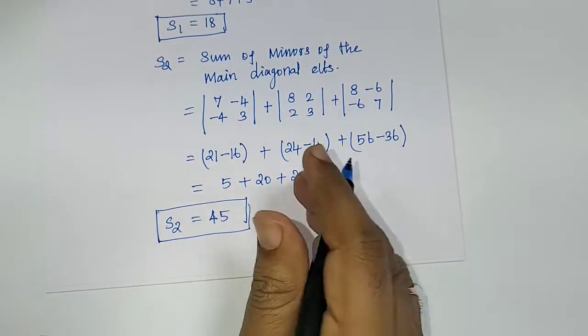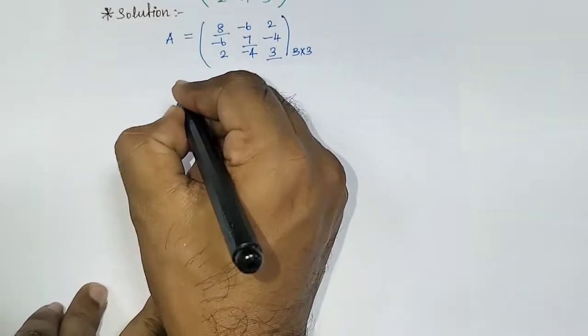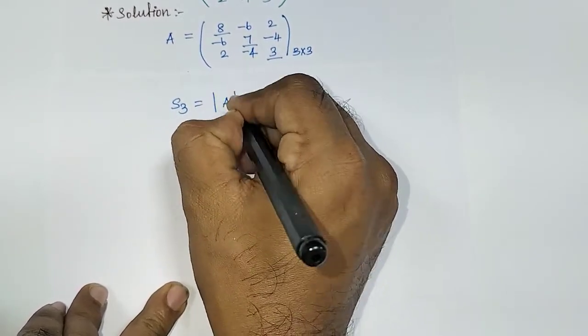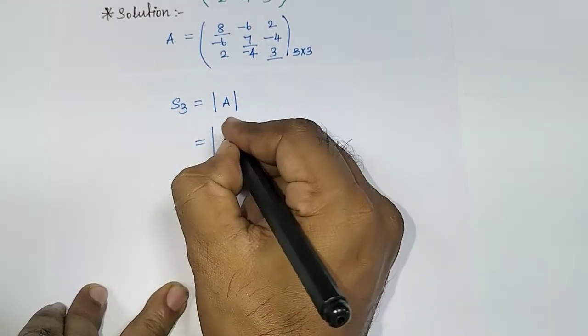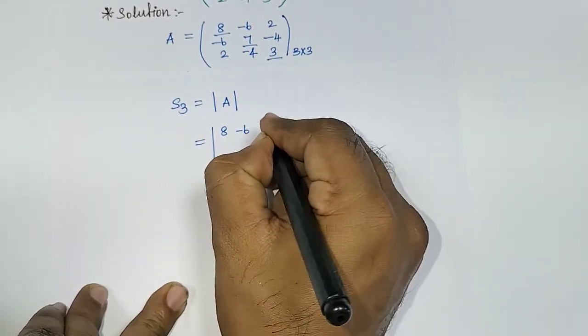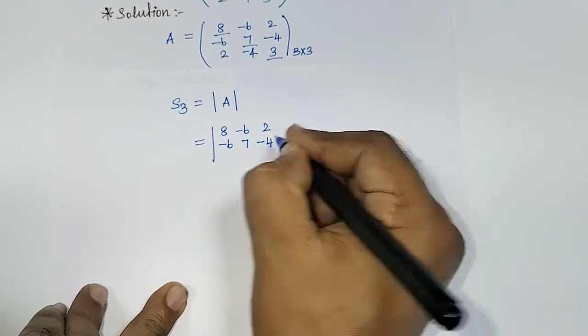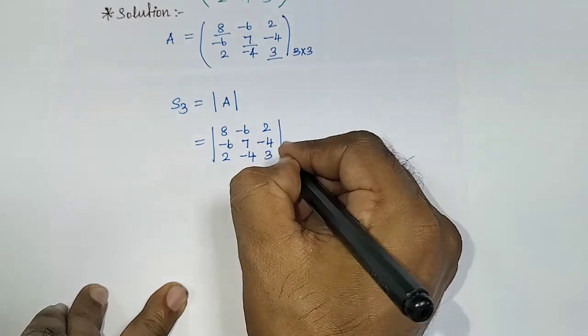Next we have to find S3. S3 is the determinant of A. The given matrix we write in determinant form: 8 minus 6 2, minus 6 7 minus 4, 2 minus 4 3.